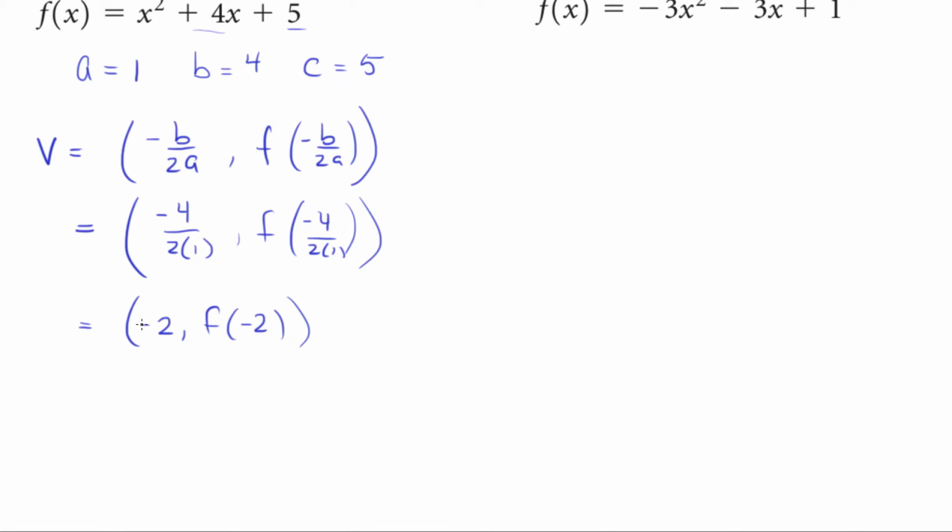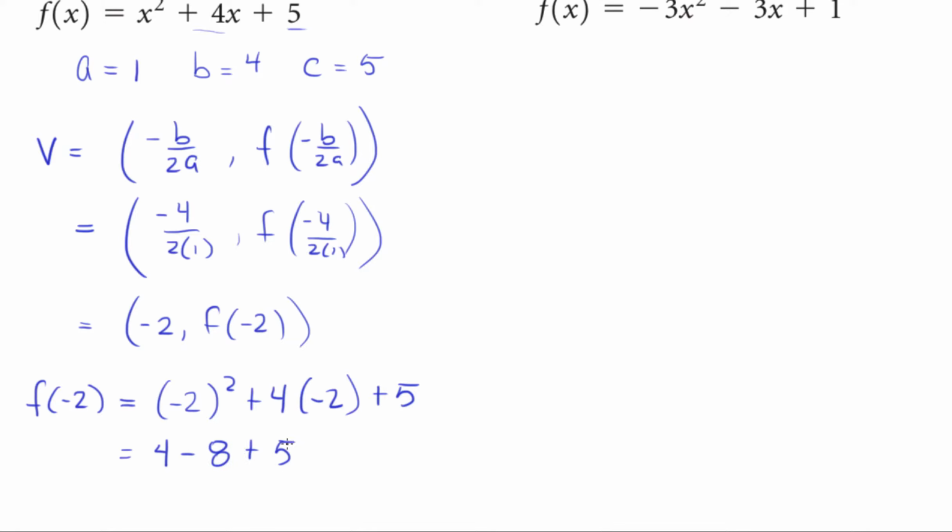So let's determine what's f of negative 2, meaning let's plug in negative 2 for x. f of negative 2 is equal to negative 2 squared plus 4 times negative 2 plus 5. Negative 2 squared is 4. 4 times negative 2 is negative 8 plus 5. 4 minus 8 is negative 4 plus 5 equals 1. So my vertex is negative 2, comma, 1.